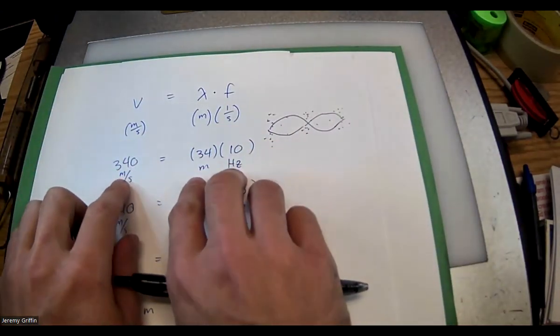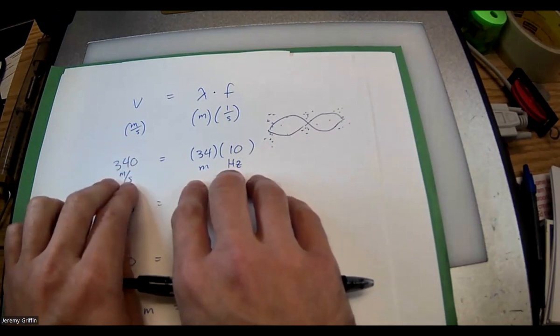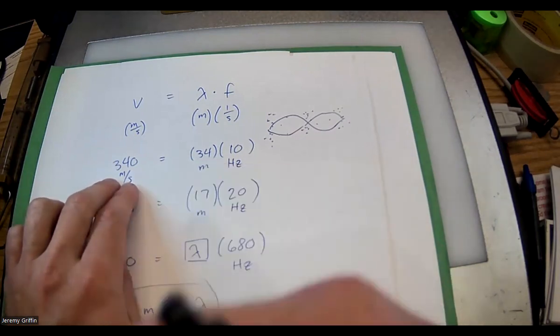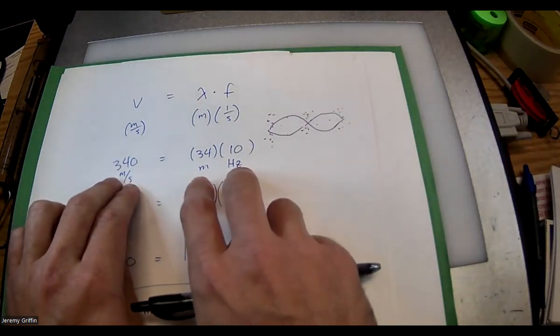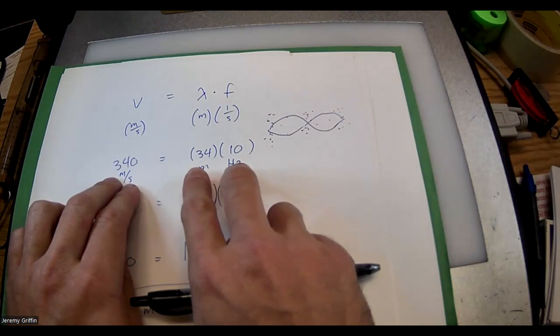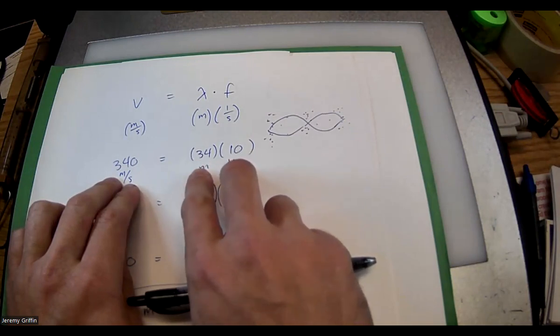Let's do some numbers. The speed of sound can be 340 meters per second. From my voice to your ears, the sound wave is a pressure wave traveling this path. Let's say you were talking at a low frequency like 10 hertz. That would have a long wavelength.